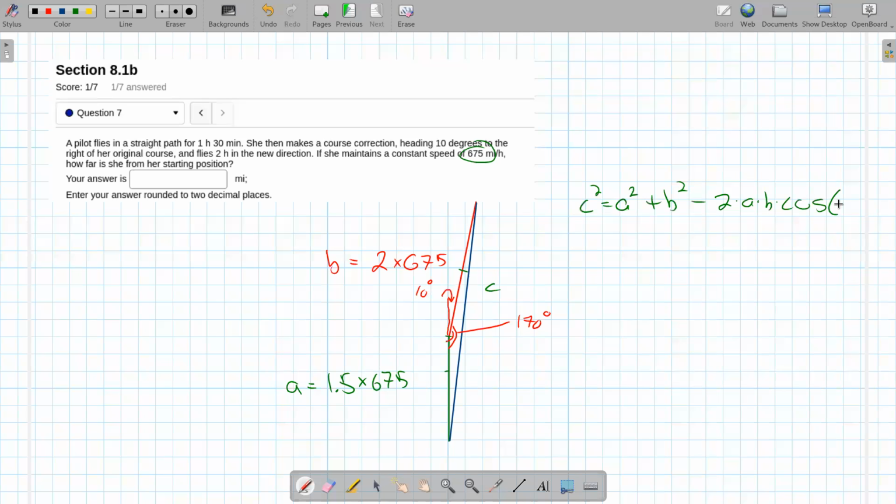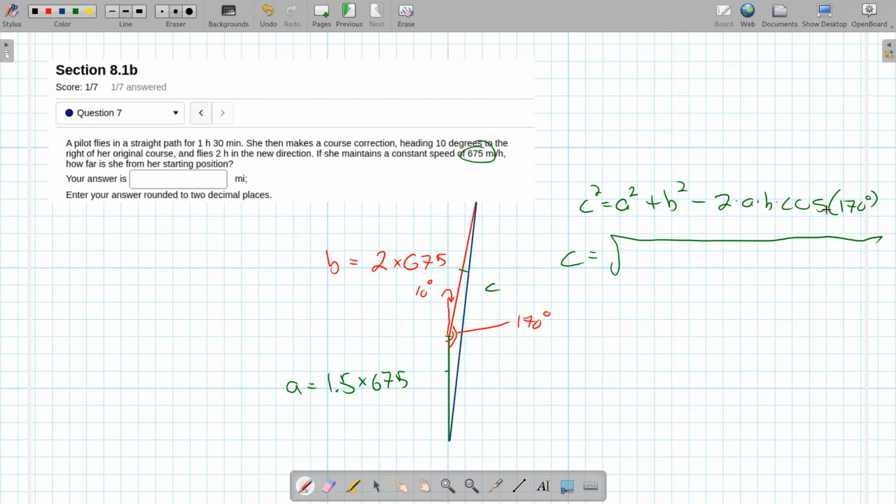That's my angle C, or 170 degrees. And so C will be the square root of all of that. So we're going to have to make this calculation and that calculation and then plug them in.